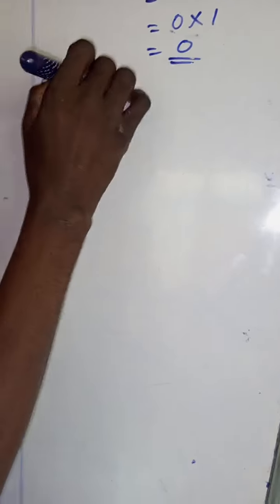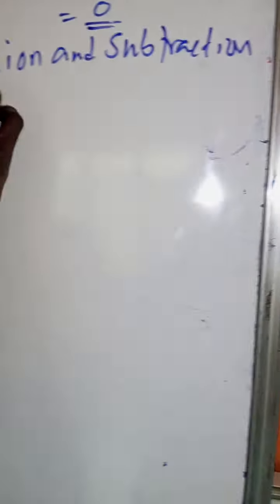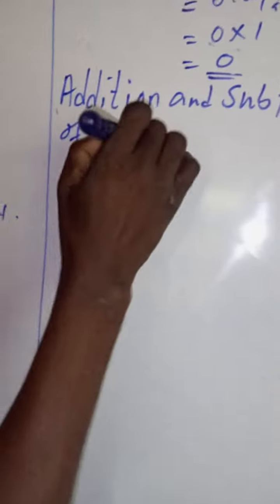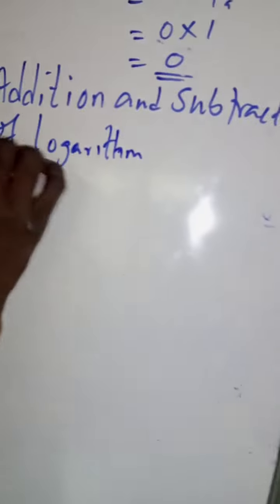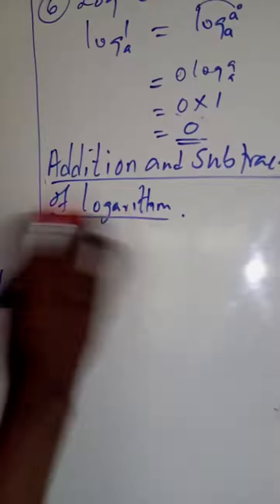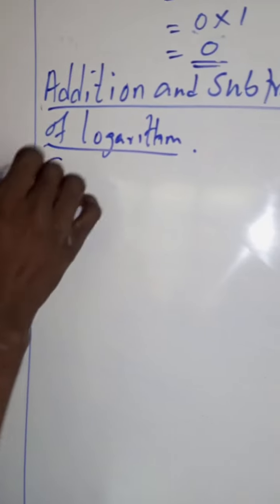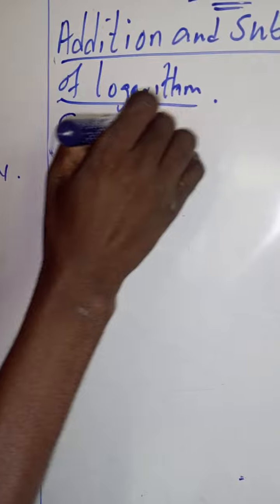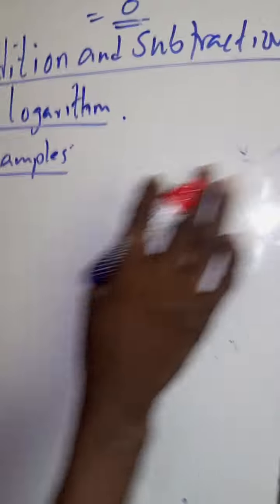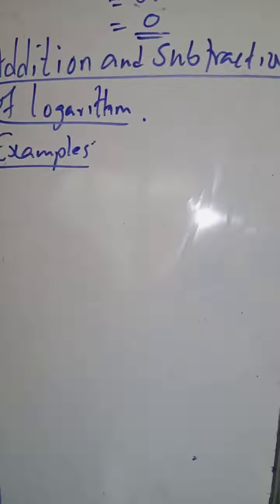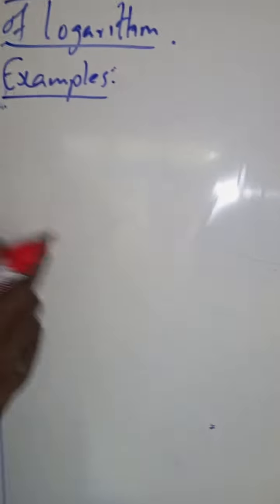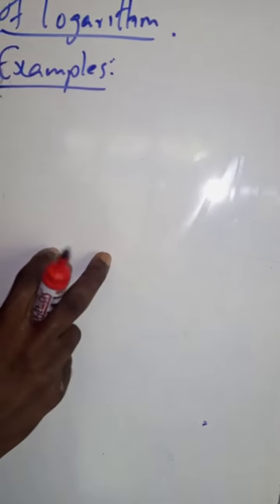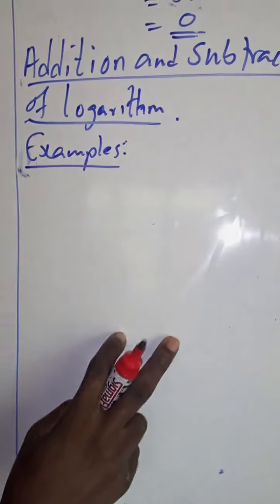Addition and subtraction of logarithm. I'll still come with different examples on this. So let's add. If you want to add logarithms, it is important that you know that you can only add logarithms that are of the same base.